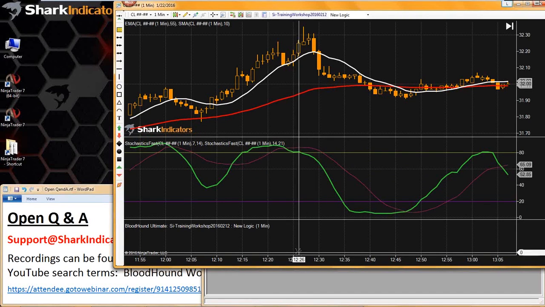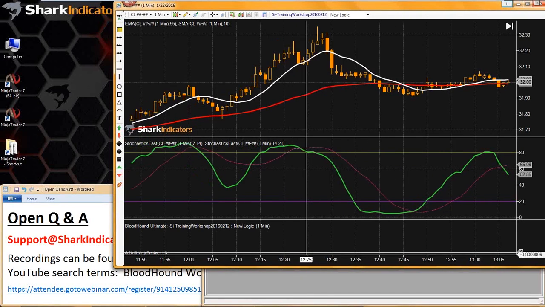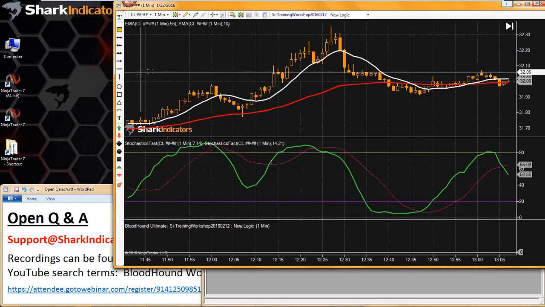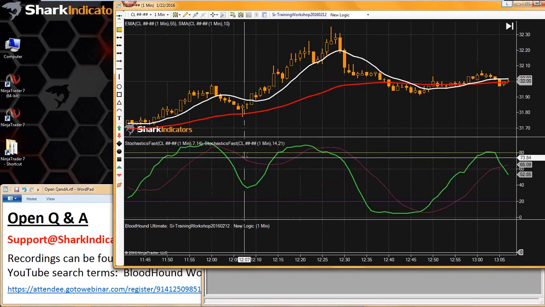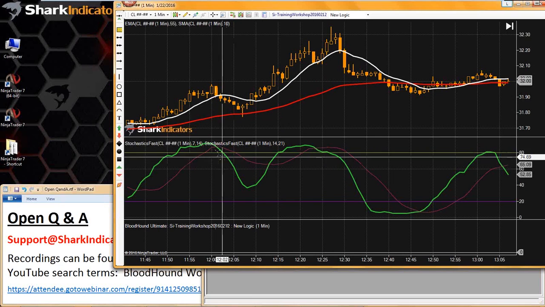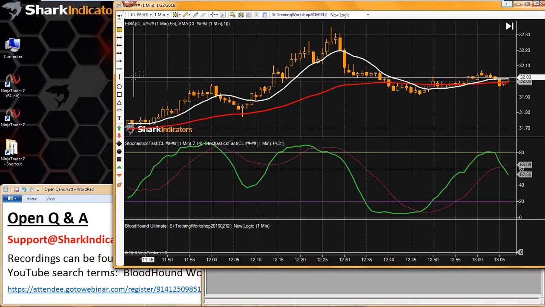Some of you may have a divergence indicator out there, and the question came up about that. I don't have a divergence indicator. Unfortunately, there's no free divergence indicator out there, so I don't have one in this workspace. So we're just going to pretend I have a divergence indicator on here.